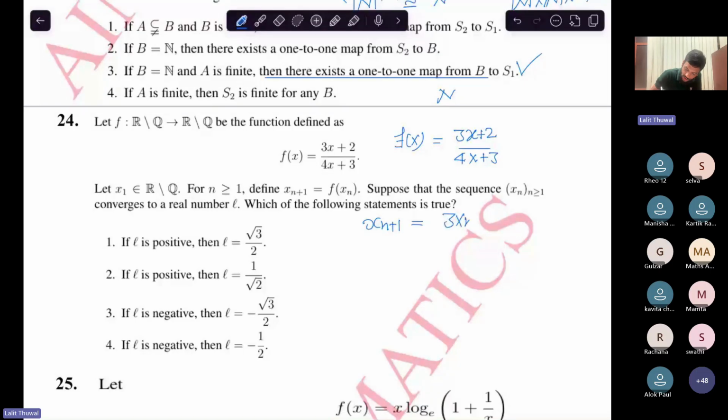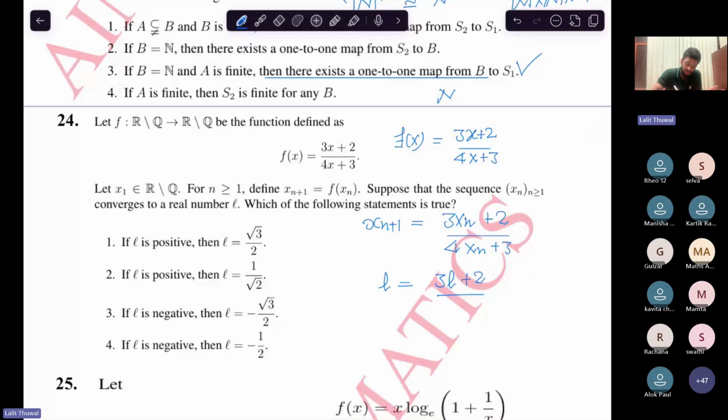It converges to the fixed point of f, right? Because suppose that xn converges, then xn plus 1 also converges. Say the limit is L, then L equals the expression, and L will satisfy this, right?